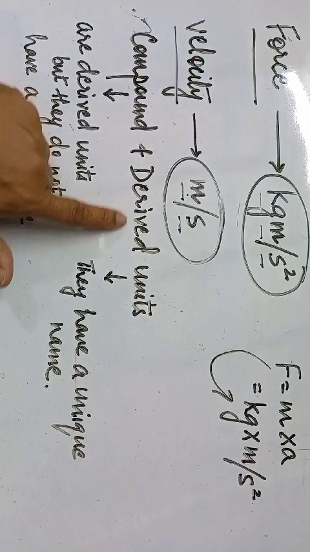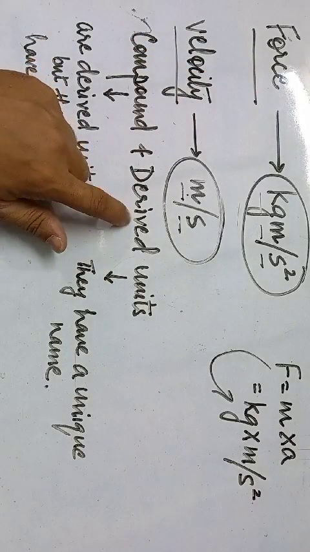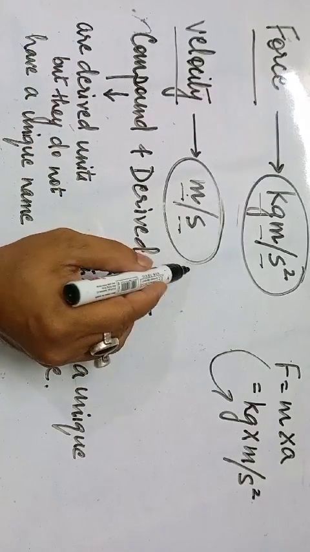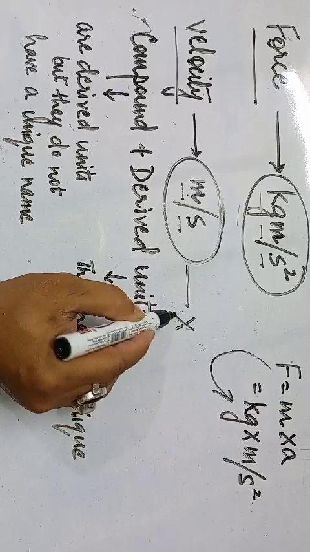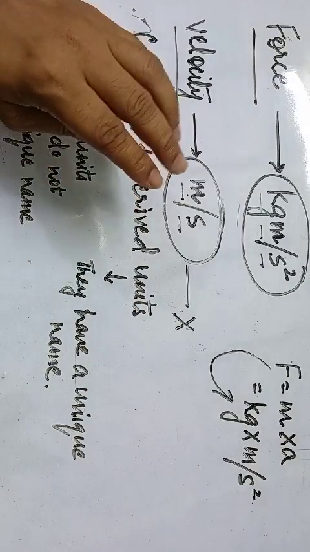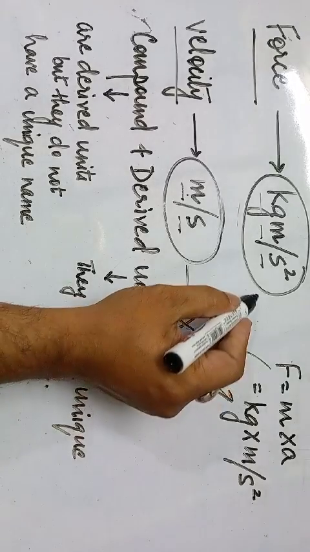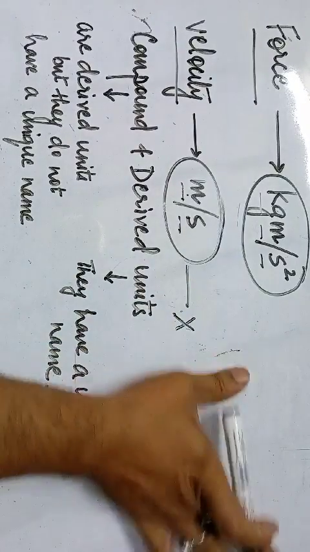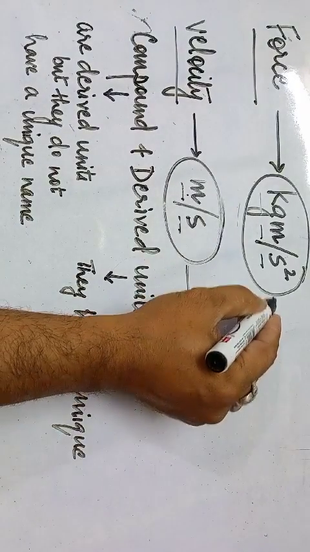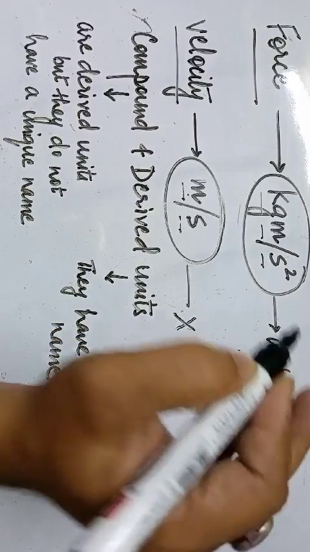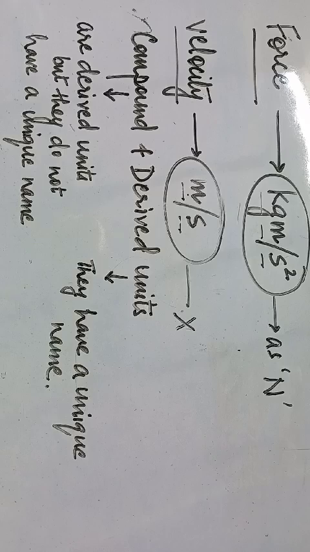Why? Because as the definition here says, derived units have a unique name. Now what is that name? You can't really give a name to this. Meter per second is going to be called meter per second only, but you can call this particular unit of force something known as newtons, which is also a unit of force.